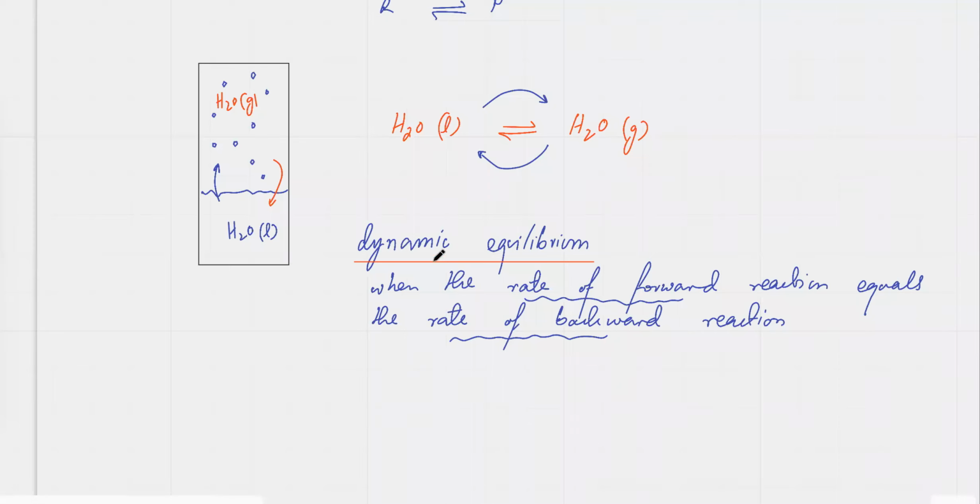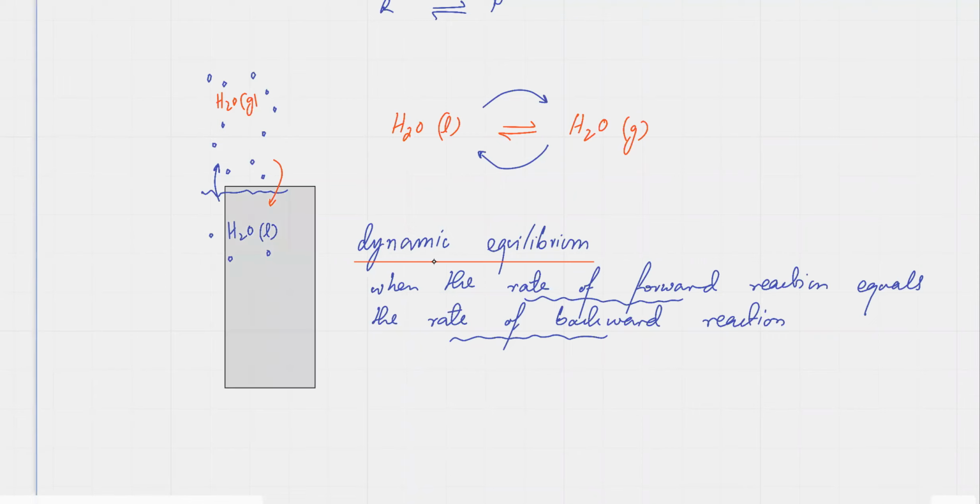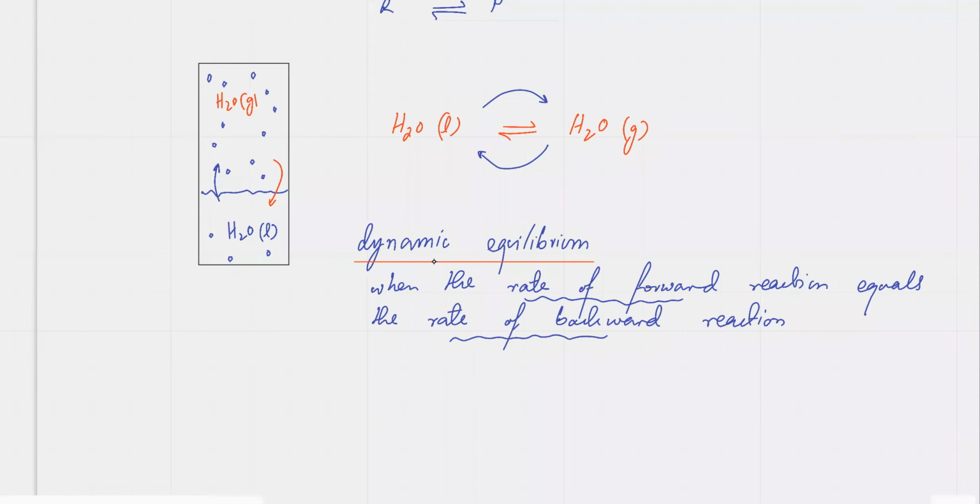You can think of it this way: every second, let's say 5 molecules of water vapor are formed, and every second, 5 of them lose energy and condense back again. So what happens to the net quantity of water vapor? That remains exactly the same.